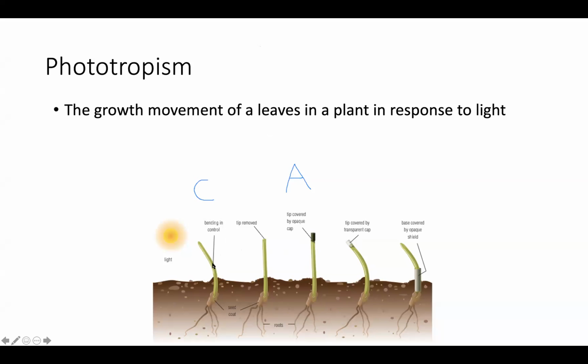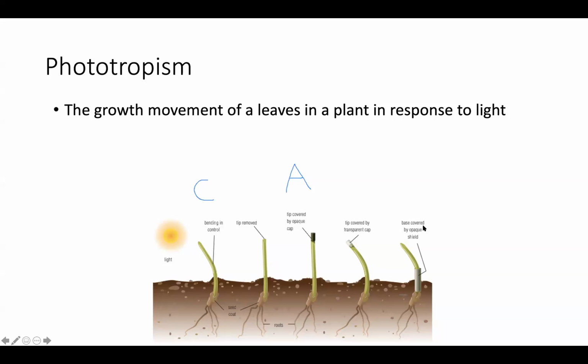And they noticed that the plant would grow towards the light source, in this case, the sun. So that is evidence that phototropism does occur. In particular, the apical meristem is important for that, because here we still had growth, but here we had growth in the direction of the sunlight.